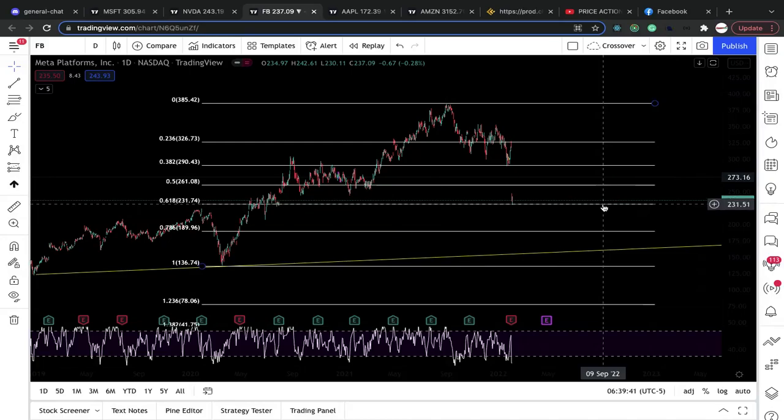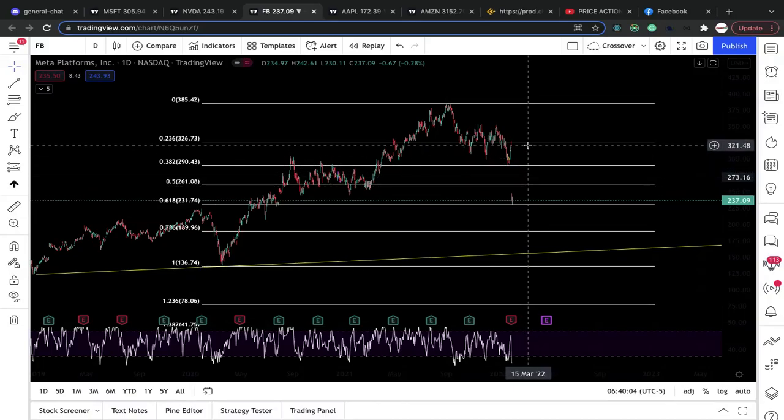As long as 231.74 is in play, we're going to play this level by level, which keeps 261 as the next price target. As long as 231.74 holds, 261 is the next price target. And I will continue to be bullish to that price target and play it level to level. And we'll see if the gap fills.